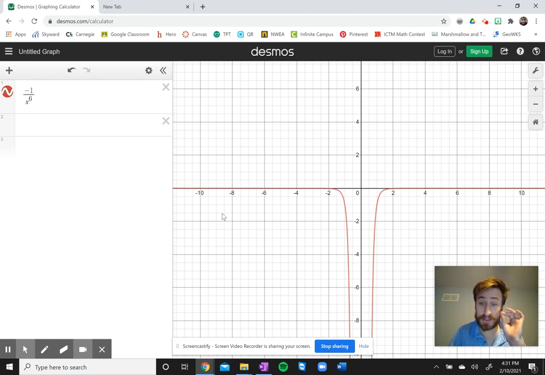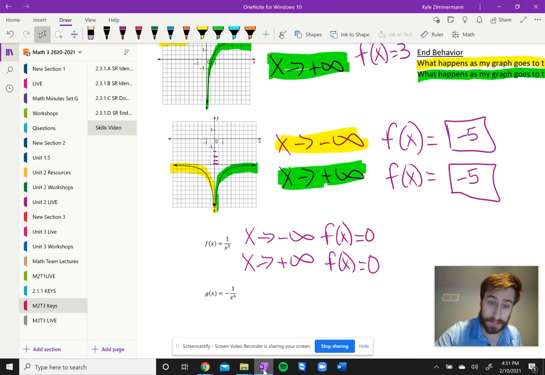It's not touching 0, but it's so close that the end behavior might as well be. It's like saying if you have 1 penny, you might as well have no dollars. So as x approaches negative infinity, f of x is equal to 0.